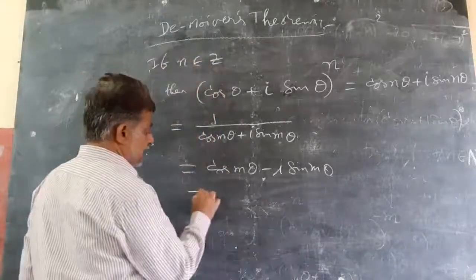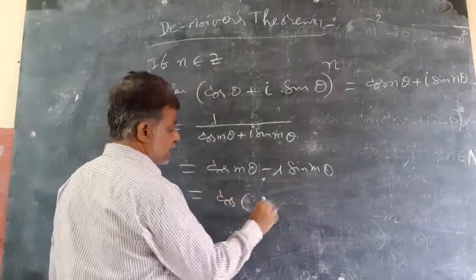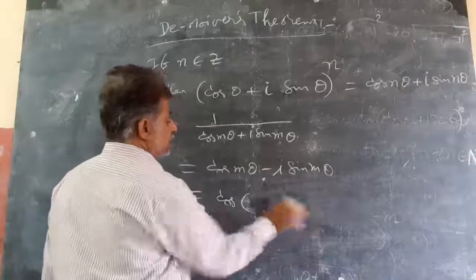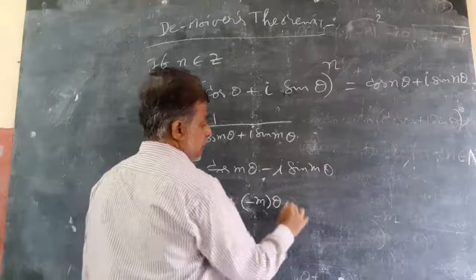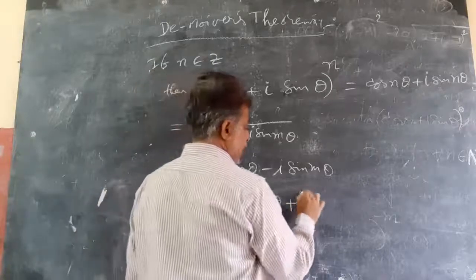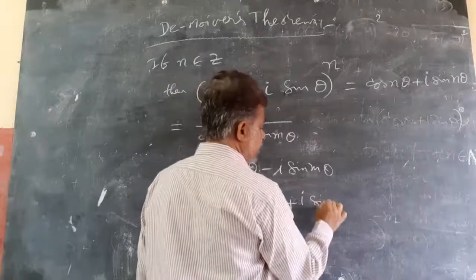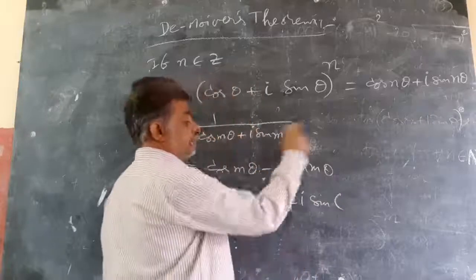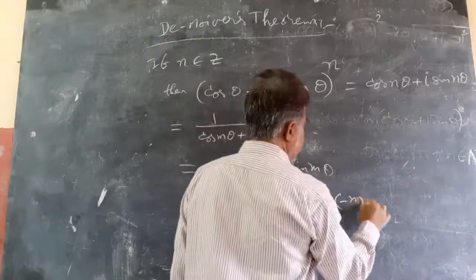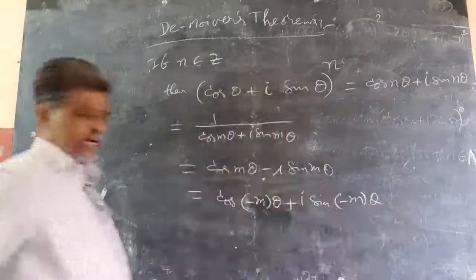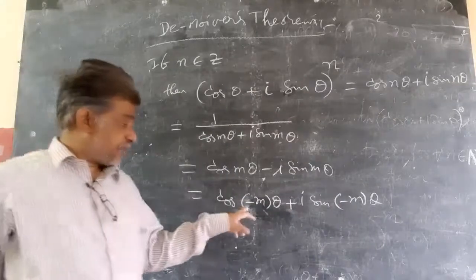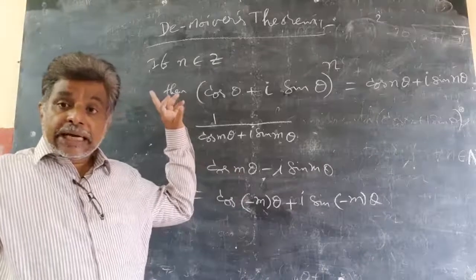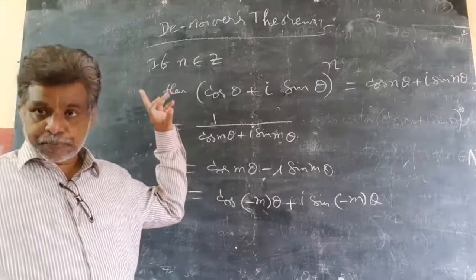Now I can write it like this. Cos of minus theta is plus cos theta only, so I can write cos m theta. The minus sign I will write as plus, since sin of minus theta is minus sin theta, so I will write minus inside: minus m theta. Now our assumption is n equal to minus m.